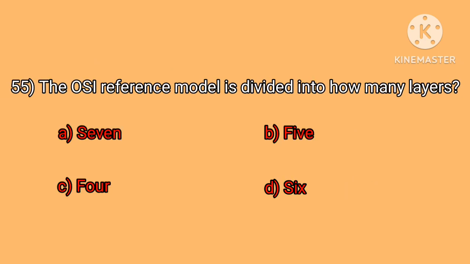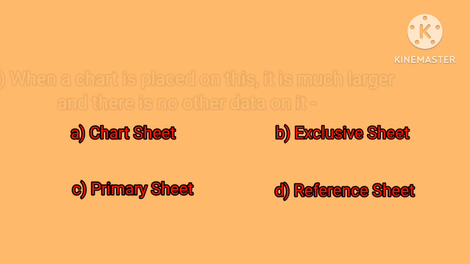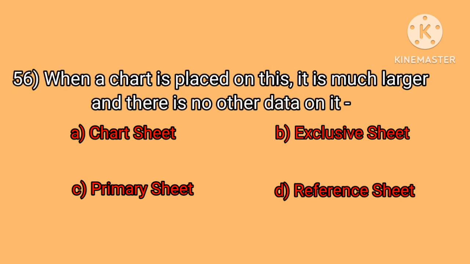The OSI reference model is divided into how many layers? 7 layers. When a shard is placed on this, it is much larger and there is no other data on it.